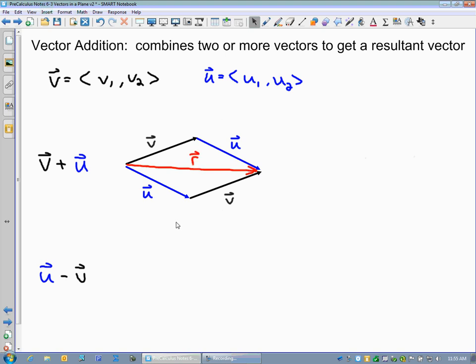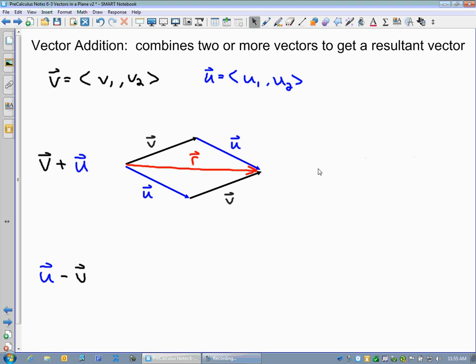The reason it's called the parallelogram rule is that we've created a little parallelogram here, and the diagonal of the parallelogram is your resultant vector. This also shows us a property we're going to get to later: it doesn't matter whether you do v plus u or u plus v, the commutative property of addition still holds with vectors.